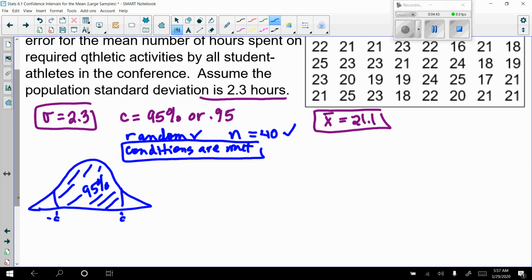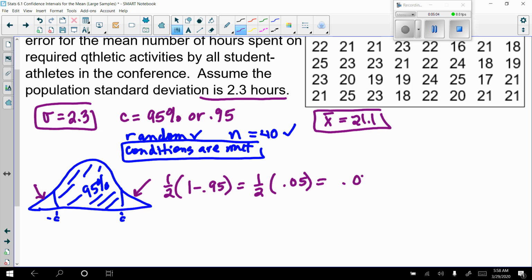We need to figure out where they're at. We know that the tails come from 1/2 of 1 minus 0.95, which means 1/2 of 0.05, which is 0.025. So this is 0.025 and this is 0.025.